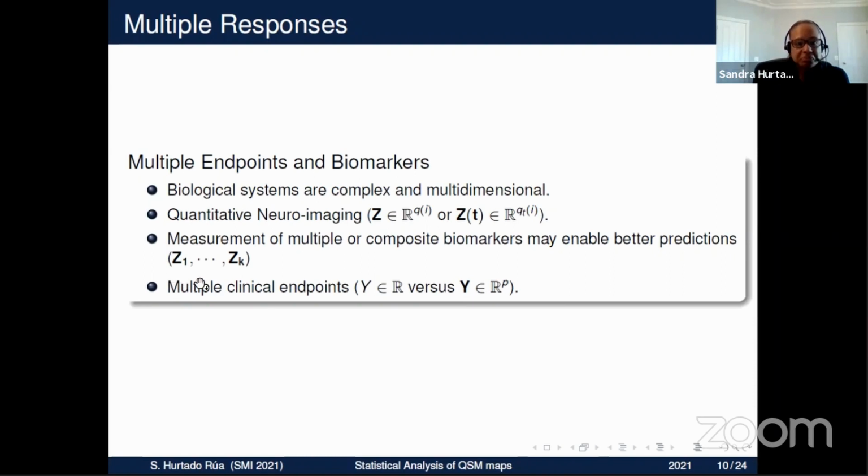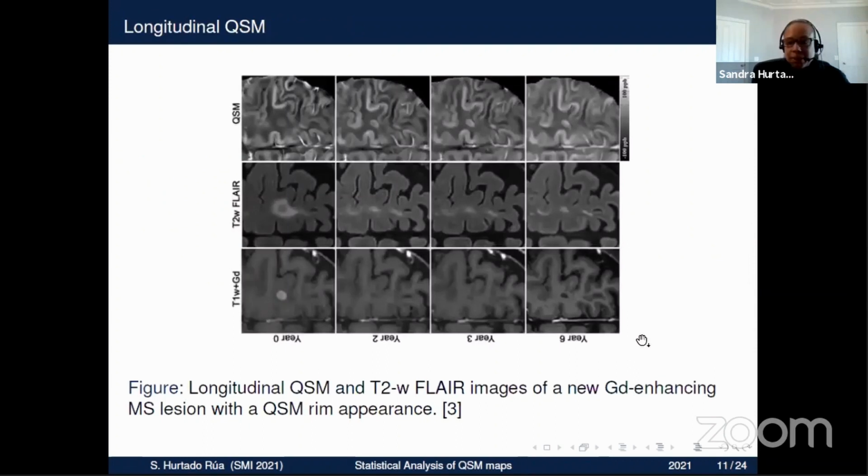And remember, this will be our response variable now. We need to associate this with these quantitative imaging measures or composite scores of them, and treatment, and possibly, if we are talking about predictive biomarkers, the interaction between both.